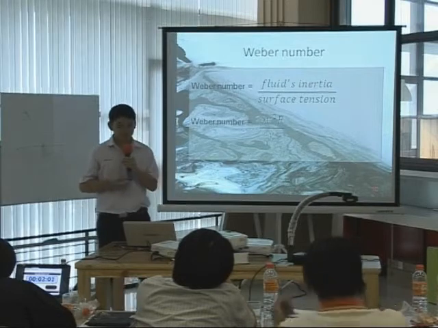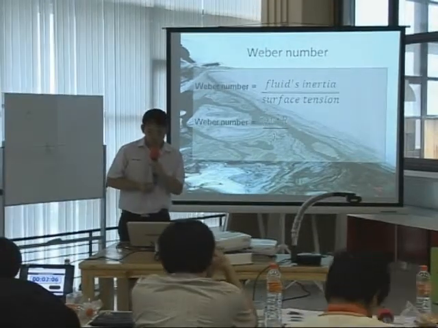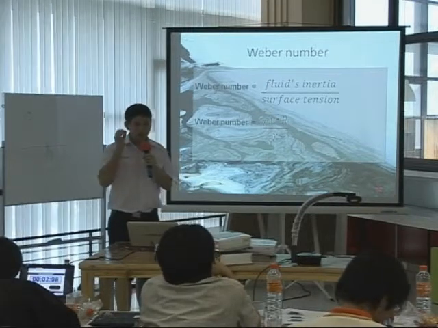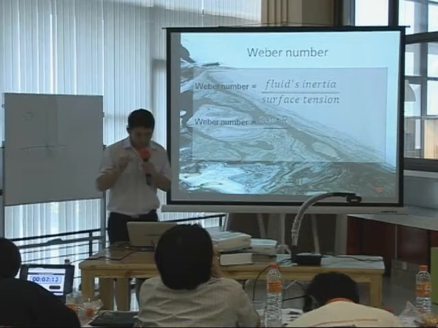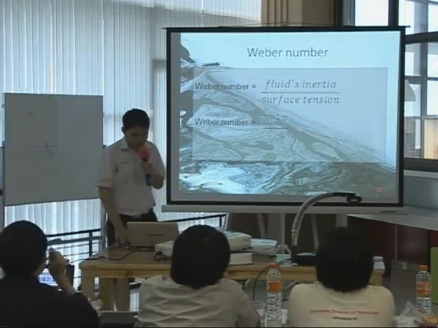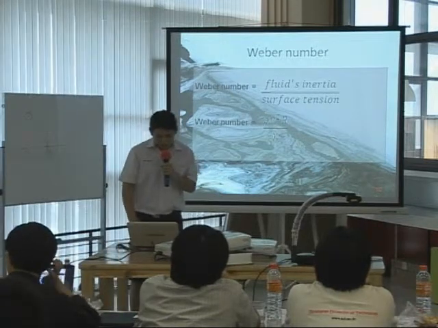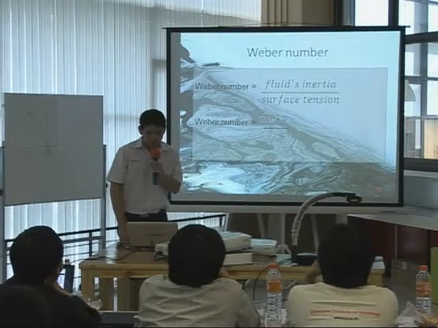Because I can't control every parameter. For example, when I control the radius of the needles, the velocity of the jet will change too. The Weber number is given by rho v squared r divided by gamma.